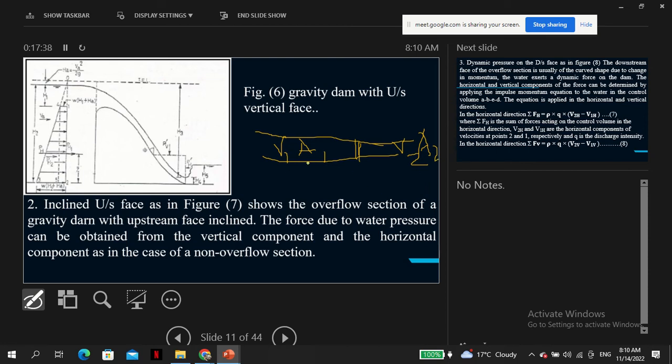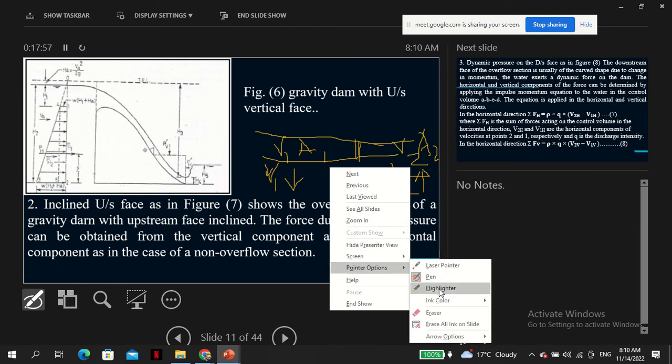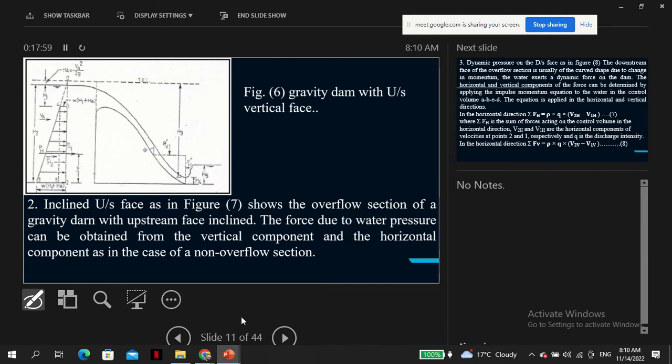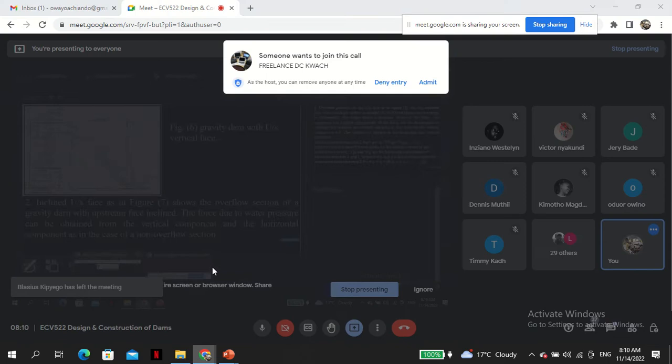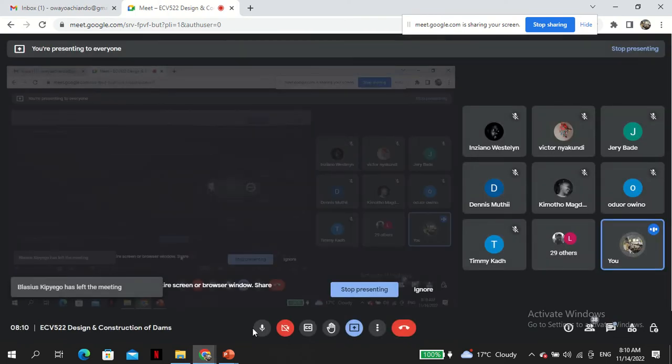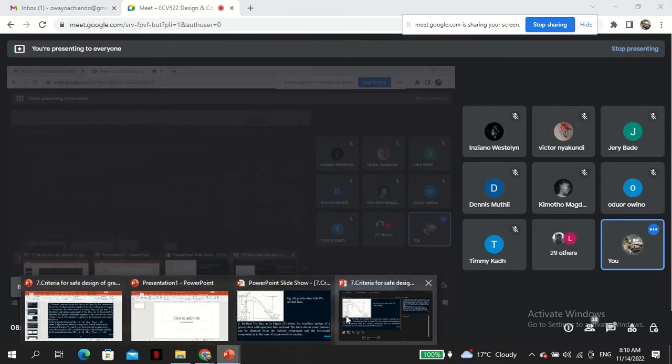Because this part has a larger area, V1 is low here, but because that section is small, V2 would be higher. So based on the equation of continuity, which you should know better than me, you can figure out these discharge issues.